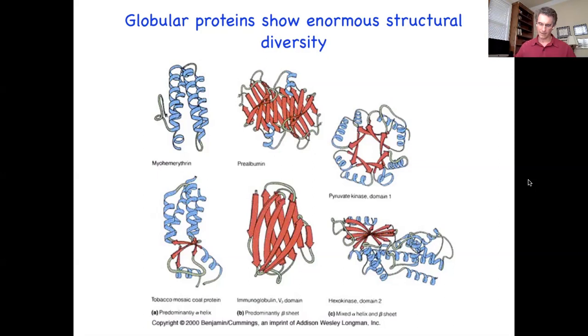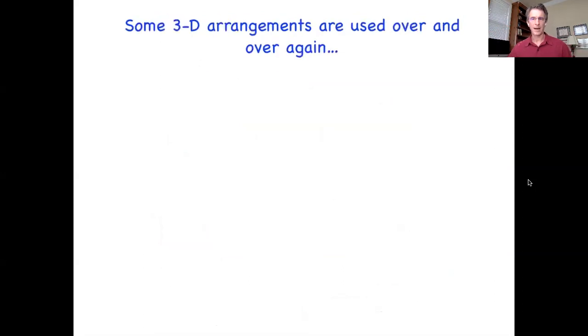Now, interestingly enough, even though that space would seem vast, and it is enormous, it's not infinite. And even within the huge space that's available, biology or evolution seem to have settled on certain structures that it uses over and over again.